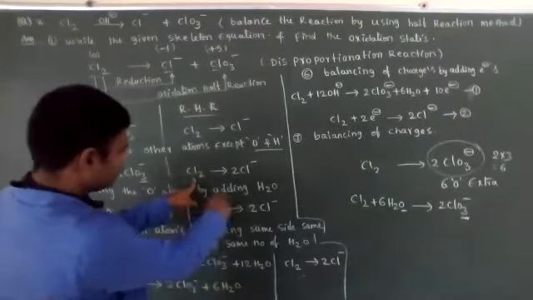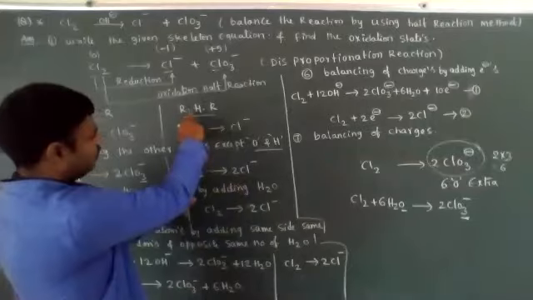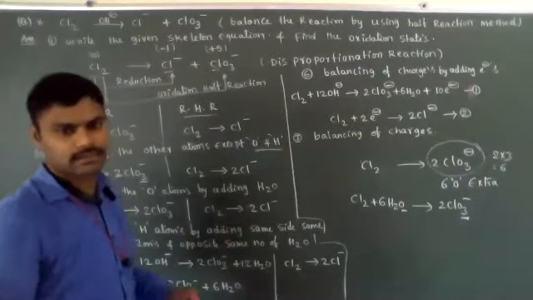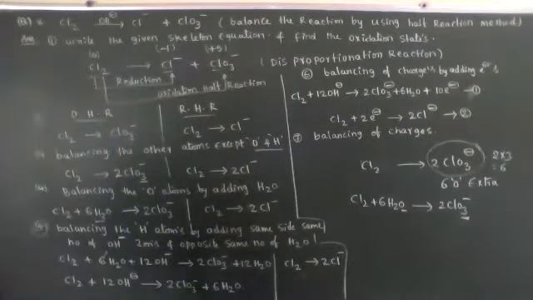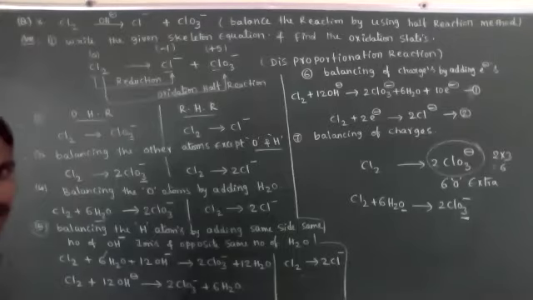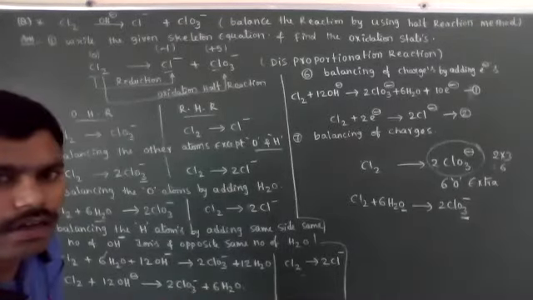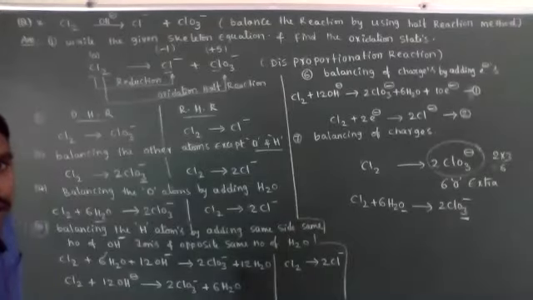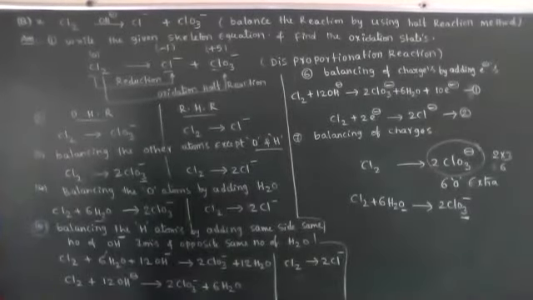And in the reduction reaction there are no oxygen atoms, so I wrote it as it is. Okay, clear? Fourth step. Sanjeev, Rahul, does anybody have a doubt regarding the fourth step? Okay.